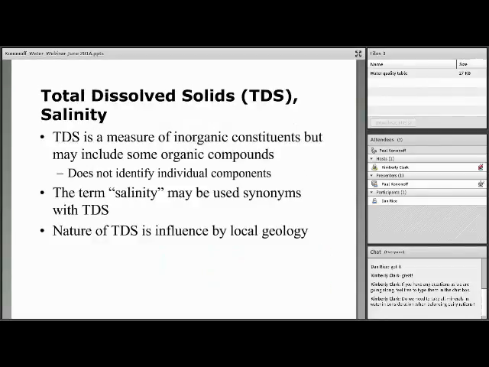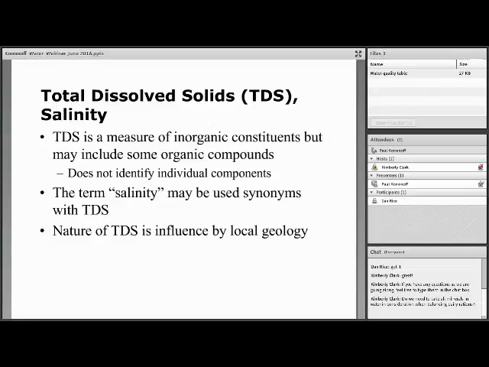So the first thing that we may look at when we're looking at water quality is total dissolved solids. This is probably the first thing that comes up on your water test. The other term you may see is salinity. This is used synonymously with TDS. TDS, or total dissolved solids, is just a very generic measure of inorganic constituents.